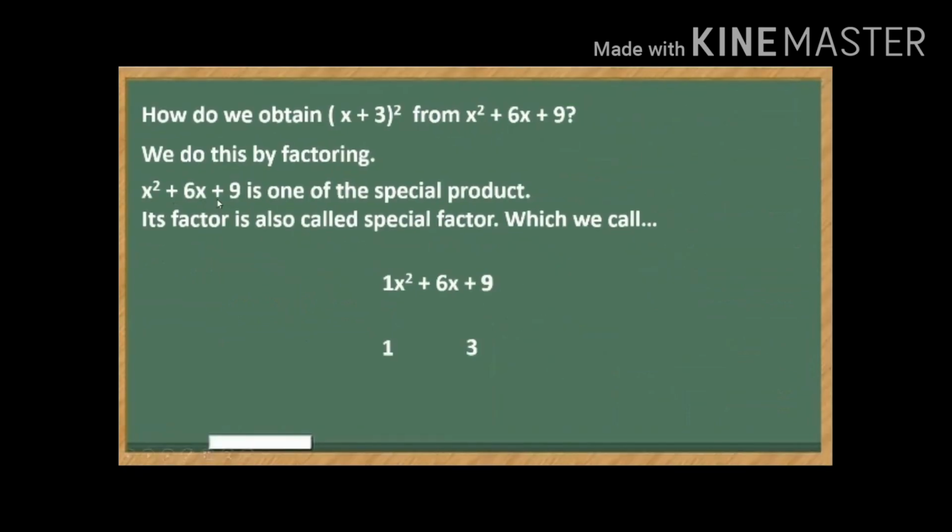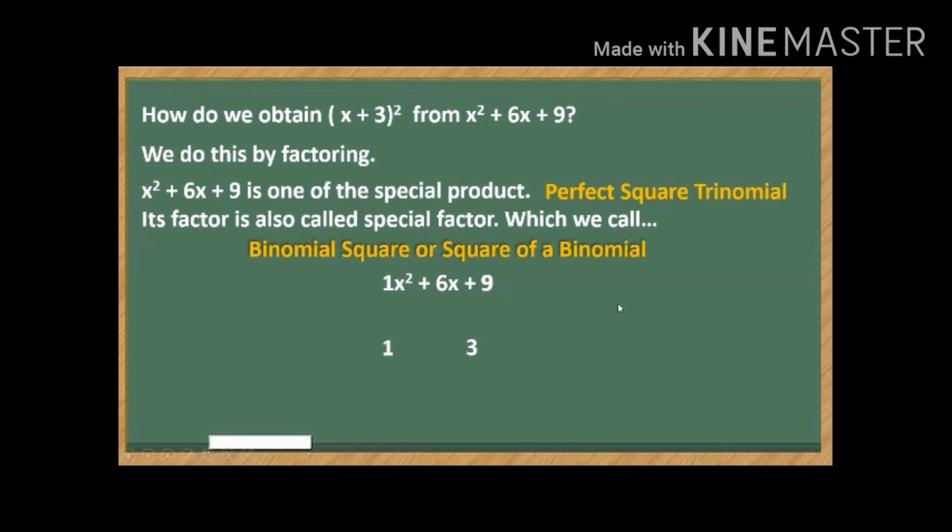Now remember that x squared plus 6x plus 9 is one of the special products. Here, x squared is a perfect square, and 9 also is a perfect square. We call that special product a perfect square trinomial, and we also call the special factor the binomial square or square of a binomial. So let's continue.